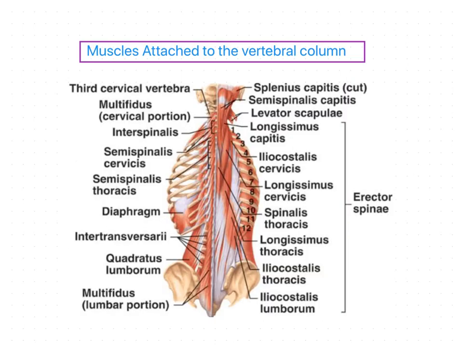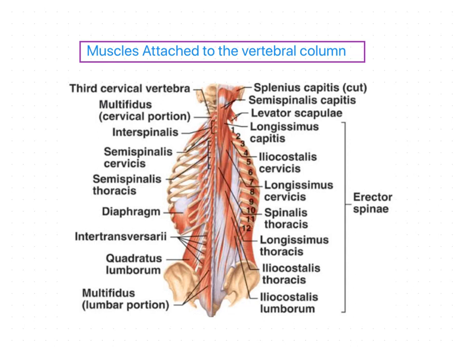And then the simple classification of the muscles attached to the vertebral column. The classification is mainly done on the basis of function, like forward flexors, lateral flexors, rotators and extensors. Like that, we are going to discuss the muscles attached to the vertebral column as a whole.